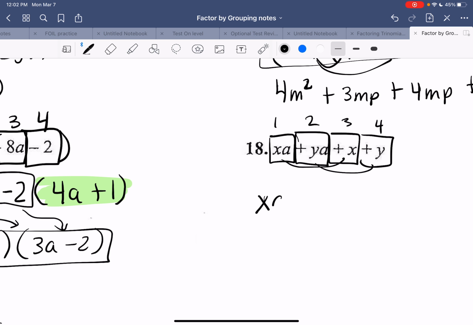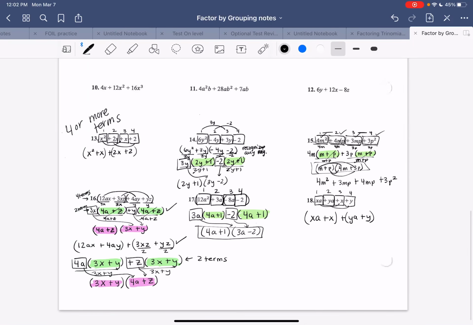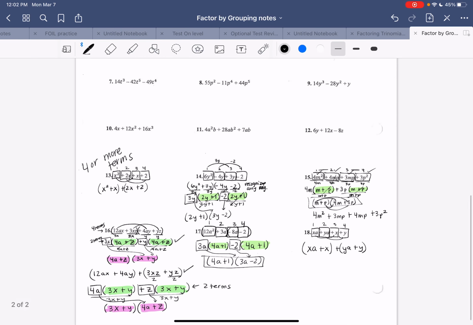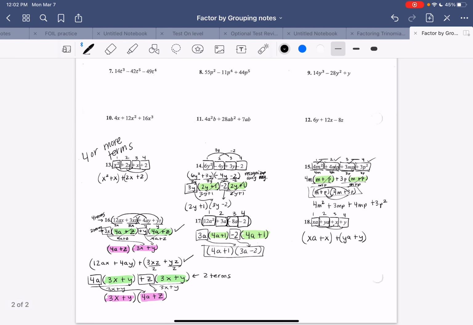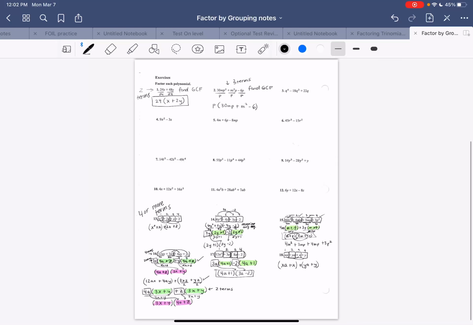So xa plus x and then plus ya plus y, in order to see a common factor between the two. Again, not all problems on this page use factoring by grouping. A lot of them you're just going to find a GCF, like the two problems that I did at the top.